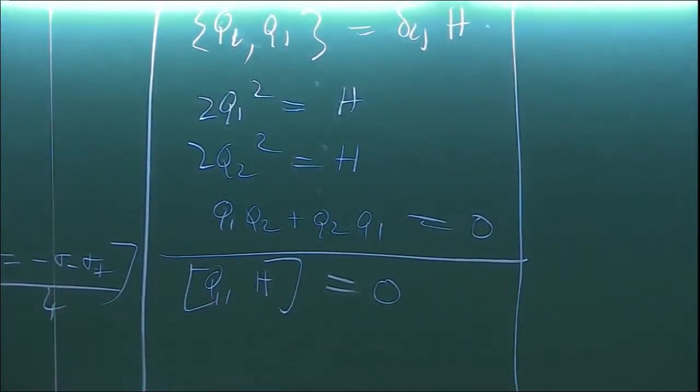When you have a Lie algebra, you have commutators of various generators being linear combinations of other generators. Here we've got something like that, but not quite. We've got two kinds of operators. Let's call Q1 and Q2 the fermionic operators. We'll see why in a moment. Let's call H the bosonic generator.